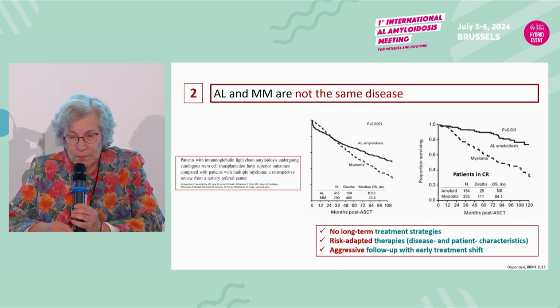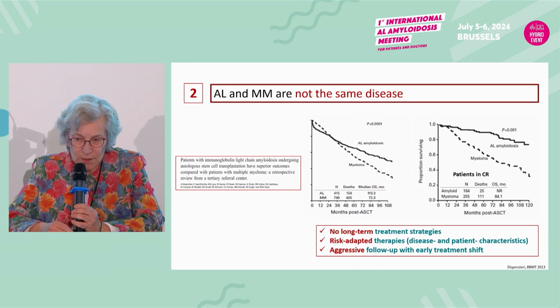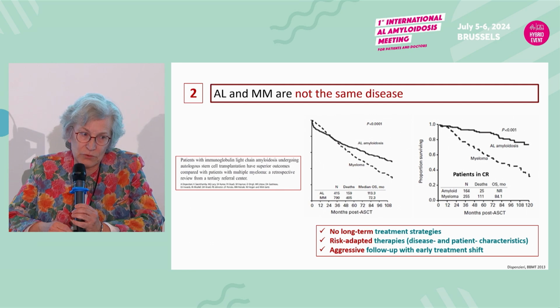You have also to remind that AL amyloidosis and myeloma are not the same disease. Of course, we explained that in the morning. The tumor burden is not the same, and that means that maybe long-term treatment strategy will not be applicable in AL amyloidosis.